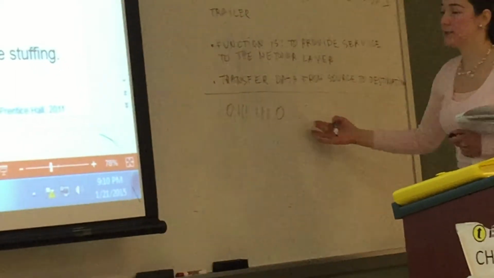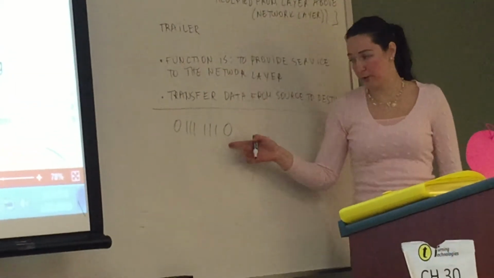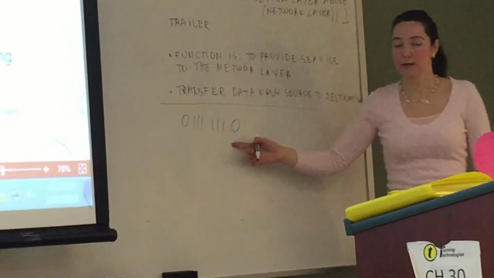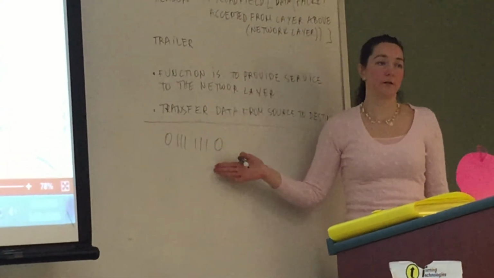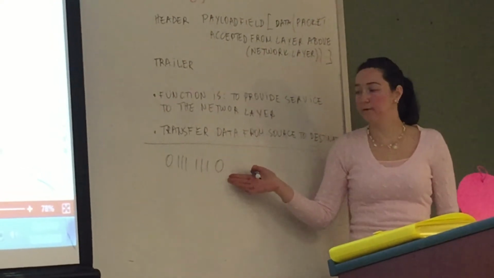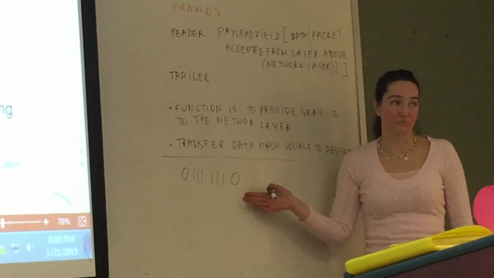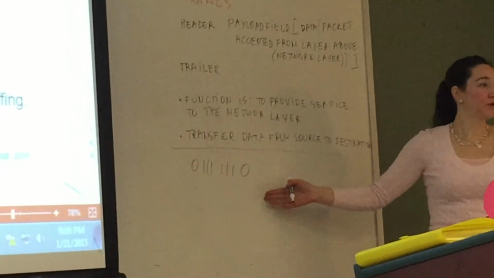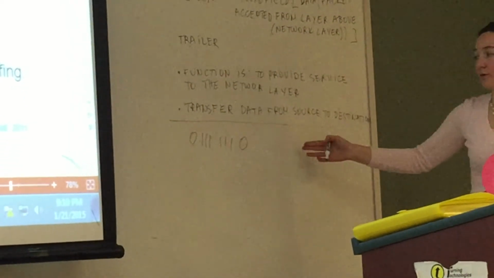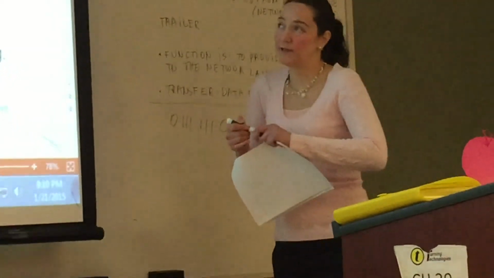Our frame begins like this and it ends like this. But is it possible that this particular sequence of bits can occur in the middle of a photo or video or text file? Yeah, it can occur in the middle of a text file. So it's possible. If that happens, then we have another problem.